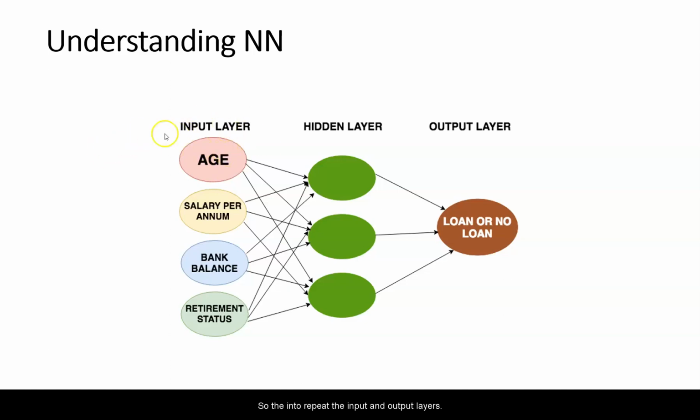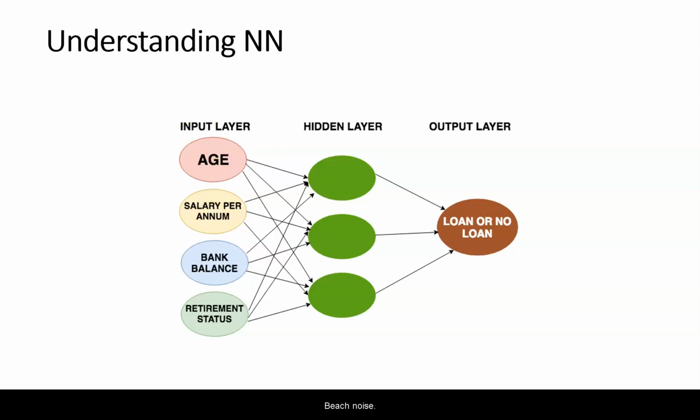So to repeat, the input and the output layers correspond to something which is already present in our world and can be stored as data, whereas the hidden layers represent something other than this. Technically, each node in this hidden layer represents the aggregation of information from the input data.